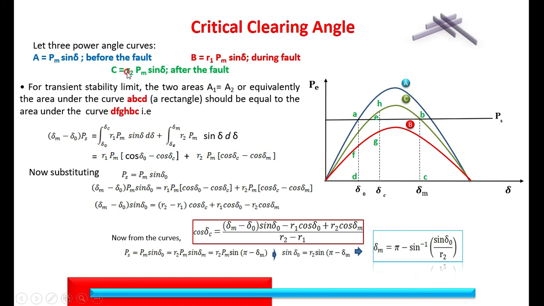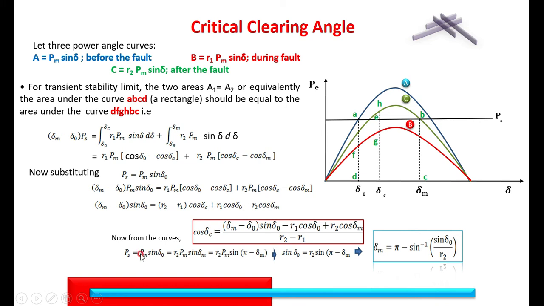The output is R2 Pm sin delta M, since it is following the curve C. The delta corresponding to Ps is delta M, so that is R2 Pm sin delta M. The same thing I am putting here: R2 Pm sin delta M, which is equal to R2 Pm sin of pi minus delta M. It is total angle pi, so that can also be expressed as pi minus delta M.